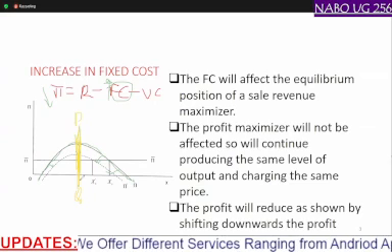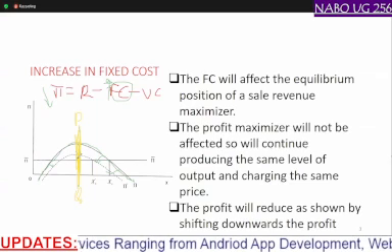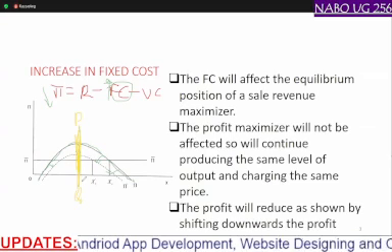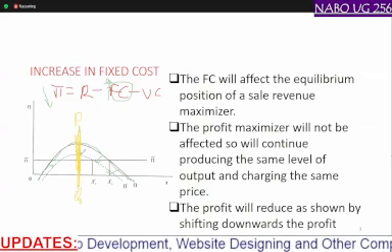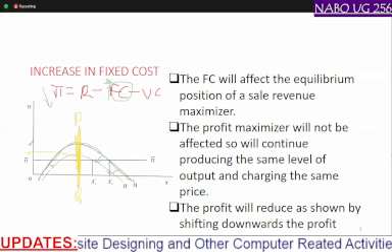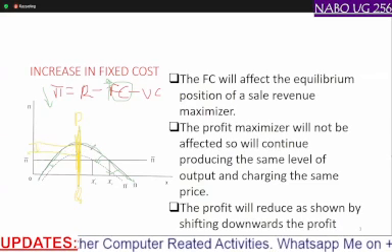So there's no change in the price. The output is still the same, but his profit level has lowered.